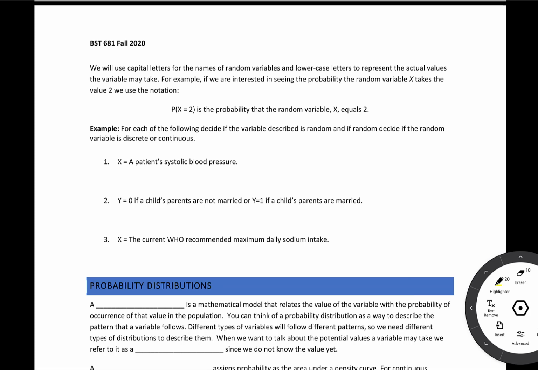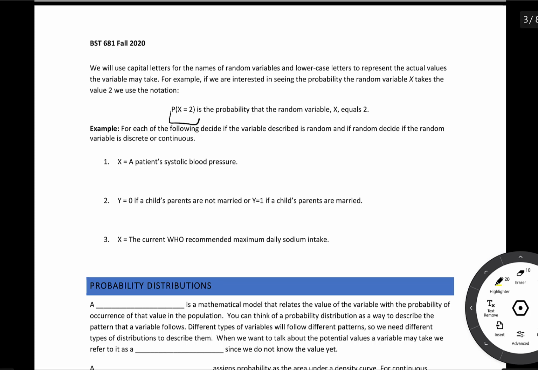Generally, when talking about random variables, we use capital letters and we use lowercase letters to represent the actual values the variable may take. So for example, if we're interested in seeing the probability that a random variable X takes the value 2, we could write the following. Notice here we've got that probability notation again.